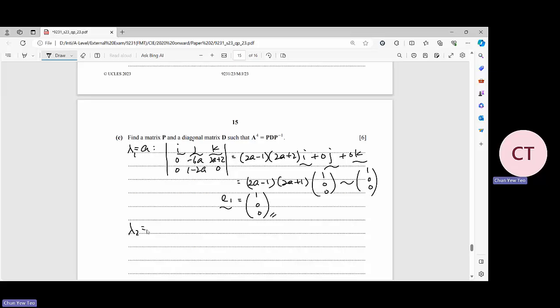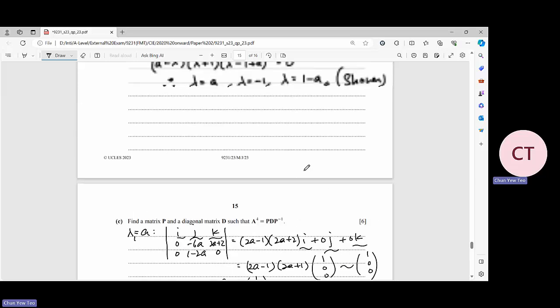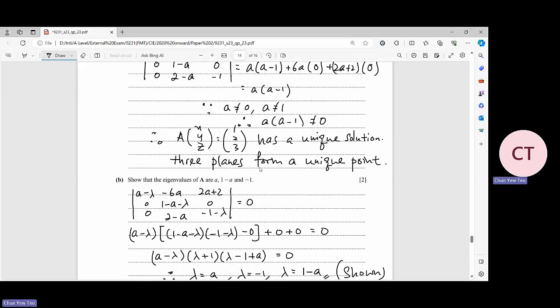Then lambda 2, I choose lambda 2 to be negative 1. Again, just repeat the process like just now. Replace lambda equals negative 1 inside the matrix that you have just now. Okay, just replace it inside. You get A minus 1.